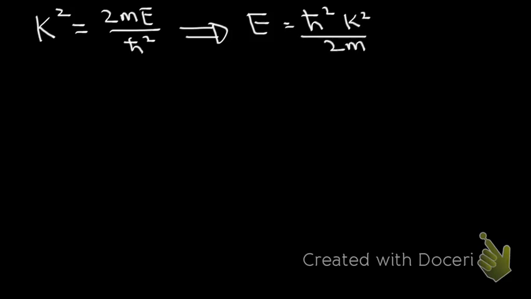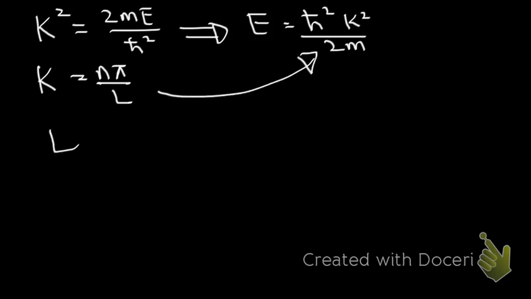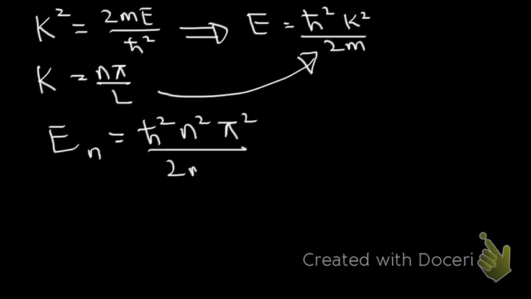Now let's substitute the value of k that we found in the previous slide, k equal to n pi over L. We get our eigenenergies E_n as h bar squared n squared pi squared over 2m L squared.